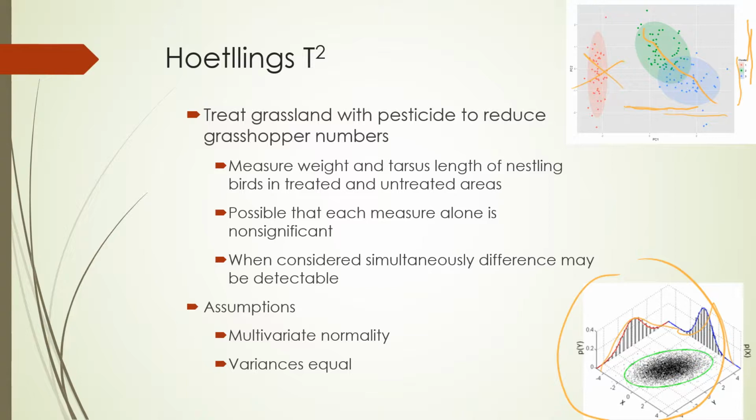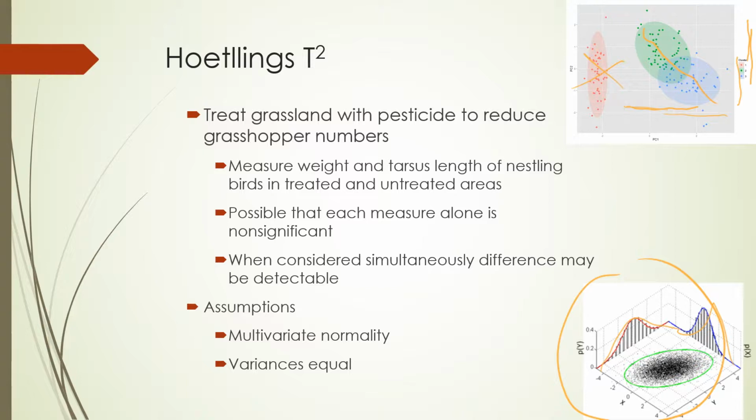And this is seen in this figure in the upper right-hand corner of this slide. If you look at the blue and the green ellipses, you can see how I've underlined the variation in the green ellipse along the x-axis and the y-axis. And you can see that there may not be that much difference in that x variable. If you look at the blue and green ellipses, there's a lot of overlap.